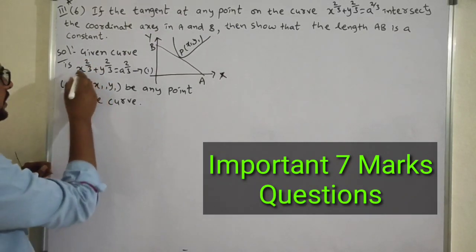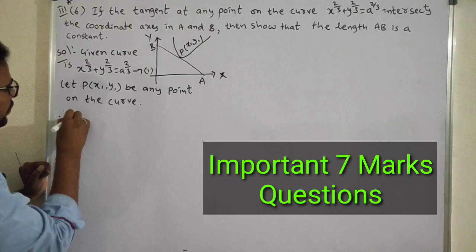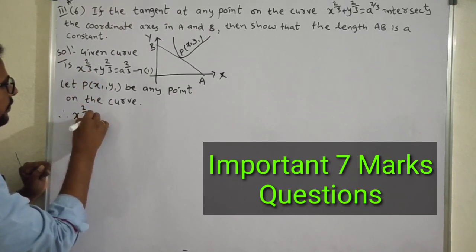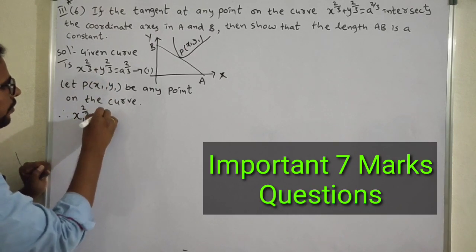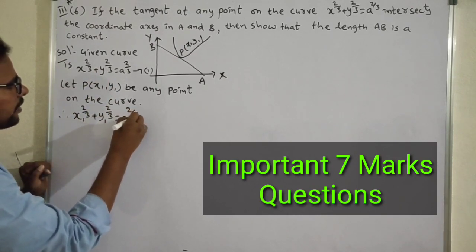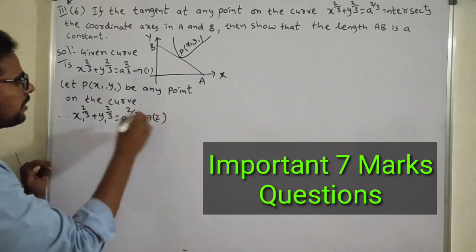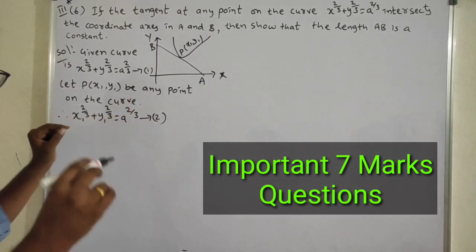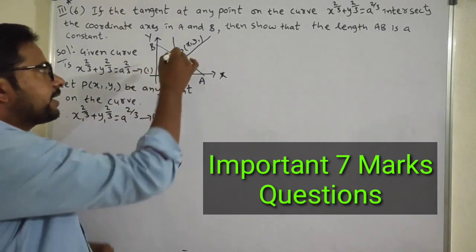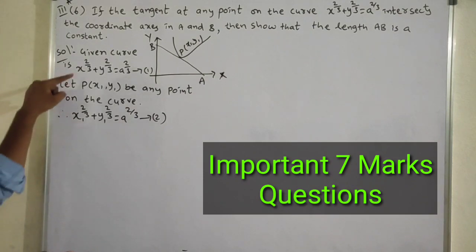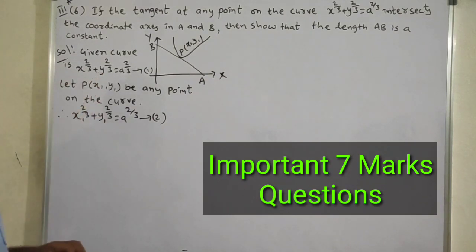So take x is equal to x1 and y is equal to y1. Substituting here: x1 power 2 by 3 plus y1 power 2 by 3 is equal to a power 2 by 3. Take it as equation number 2. Any point on the curve should satisfy the curve equation.